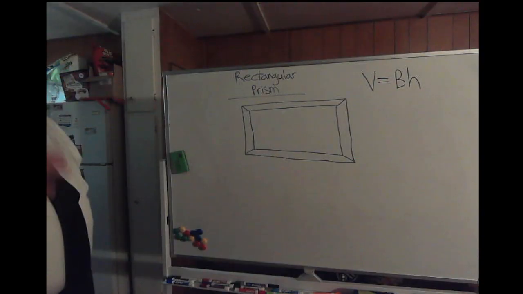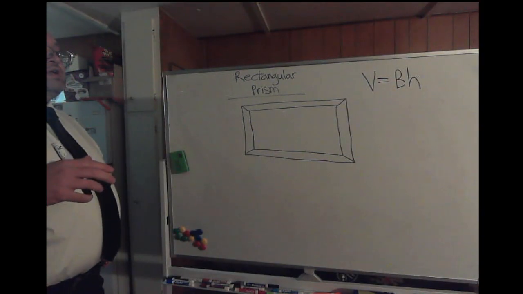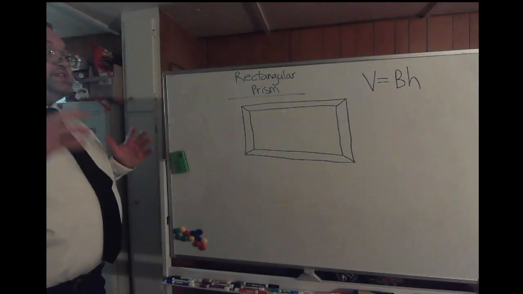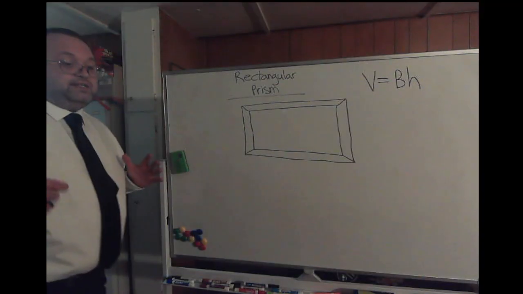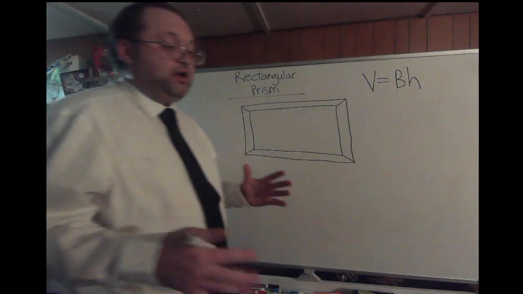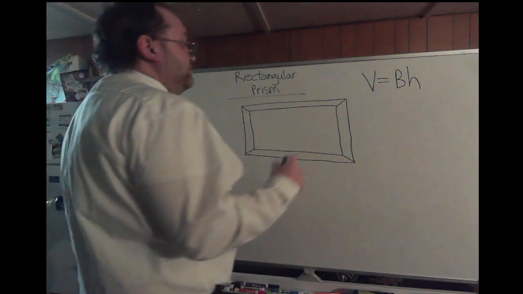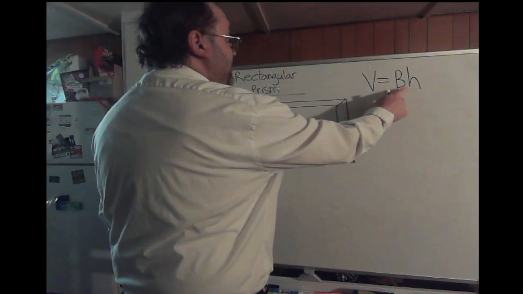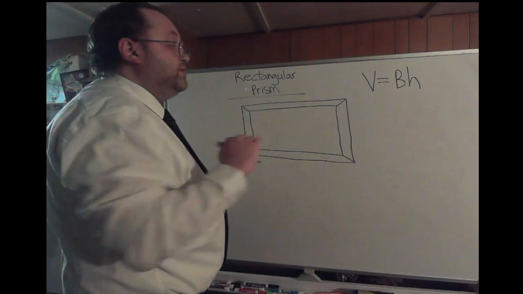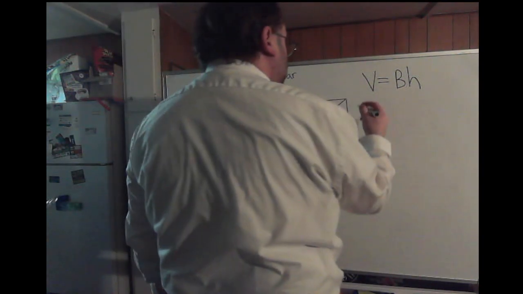Both of the bases are in that 3D shape. They are the same shape. You just add height, of course, when you talk about a prism. So the volume of any prism is that capital B, which is the area of the base, times the height.